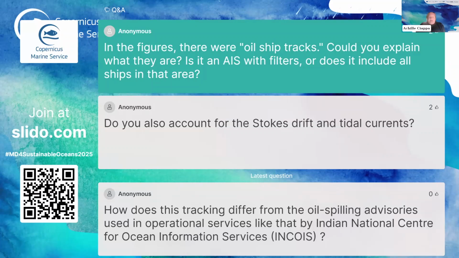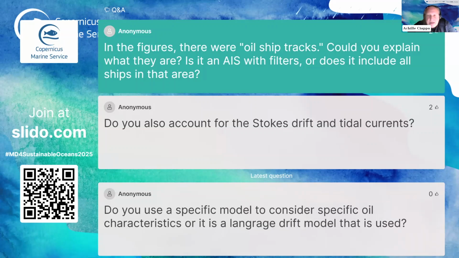Basically, in the AIS data, there are some fields that tell you which kind of ship it is. There are some classes of ships, and so they can be selected from the AIS data.